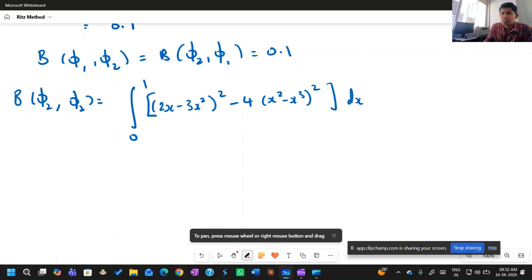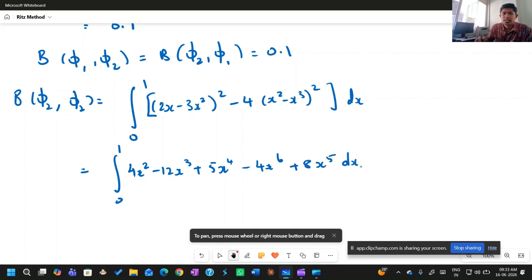Okay, so if I expand this, we should be getting the integral from 0 to 1 of 4x square minus 12x cube plus 5x power 4 plus 5x power 4 minus 4x power 6 plus 8x power 5 dx.